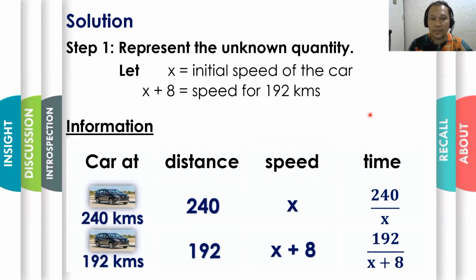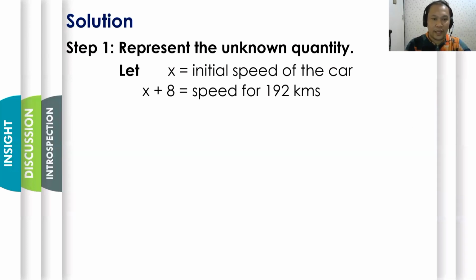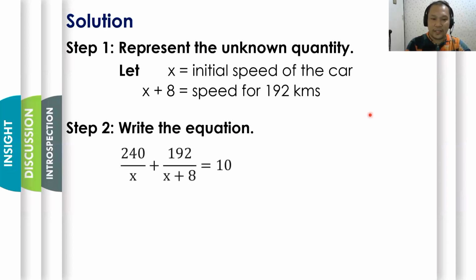Therefore, the concept we are going to use here between the time intervals is addition. The equation we are going to utilize is the time of the first 240 kilometers plus the time of the next 192 kilometers is equal to 10 hours.